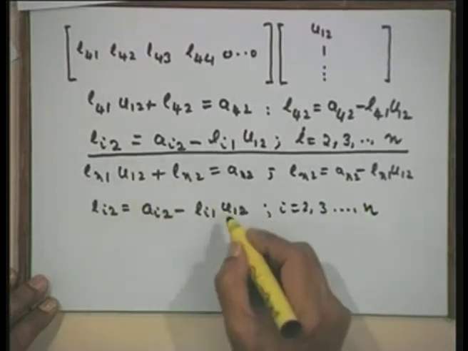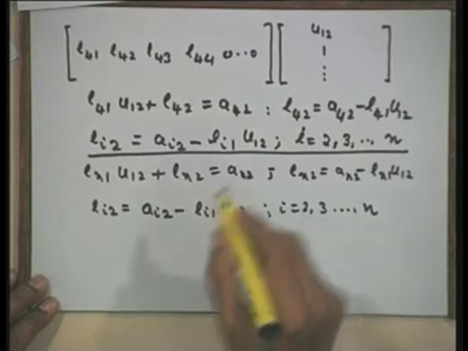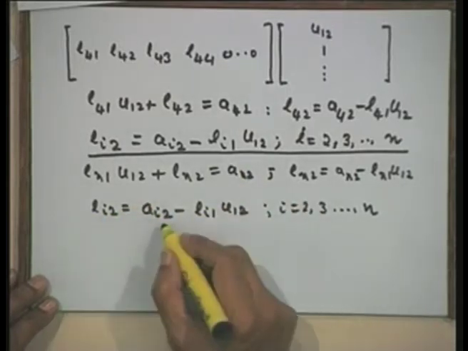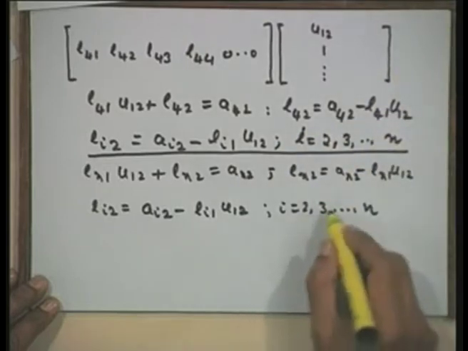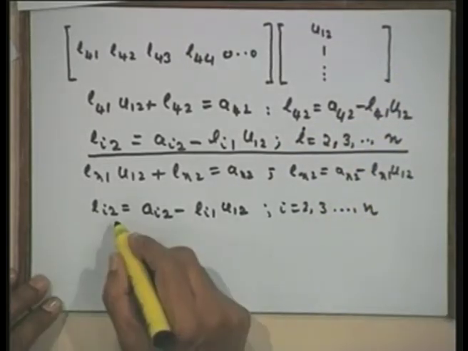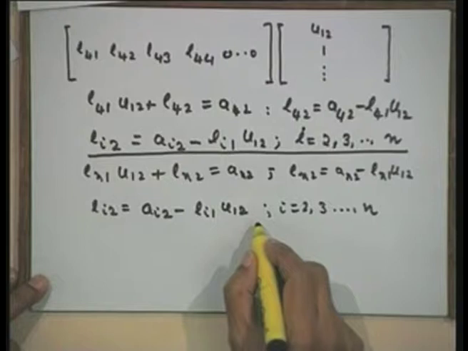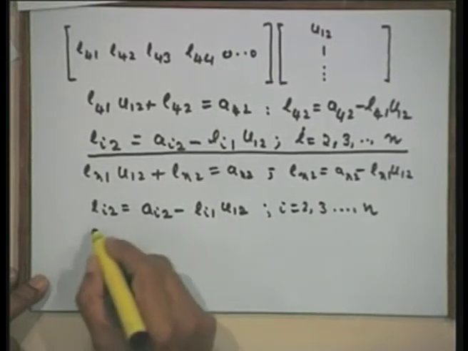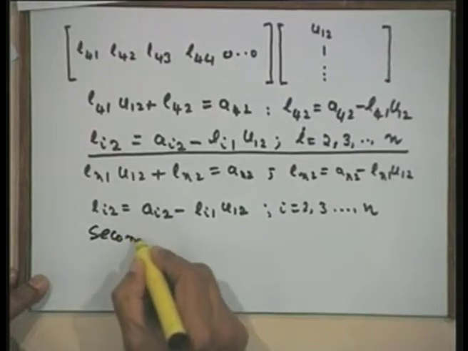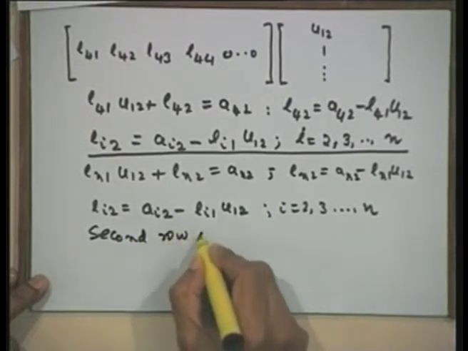Therefore, in one loop I will be able to get all the elements of the second column of L by just putting the range of the loop from i running to n. When once we complete this, we go to the second row of U.